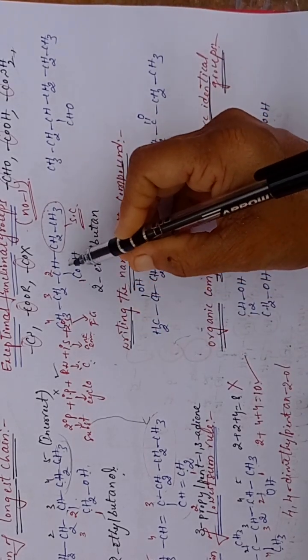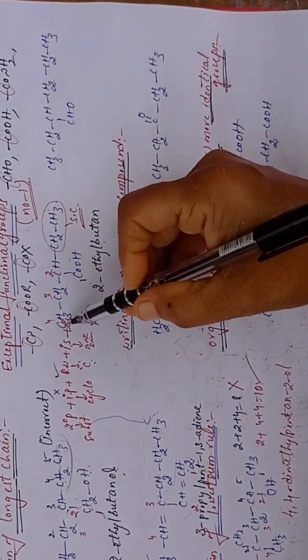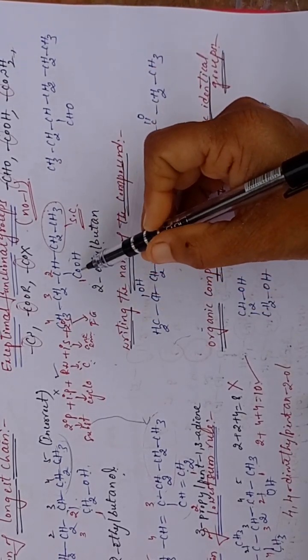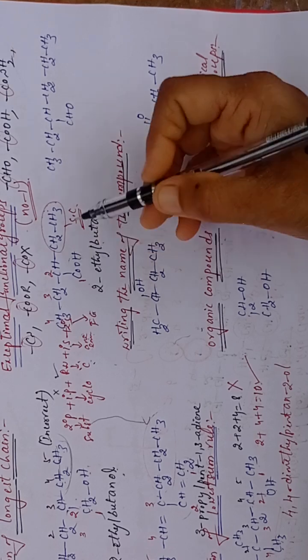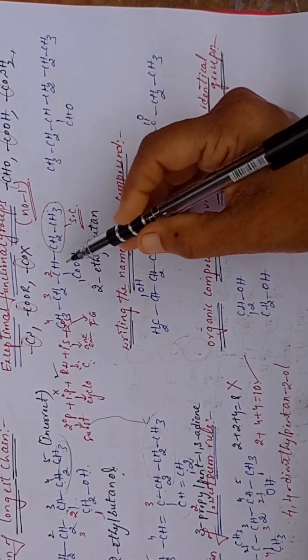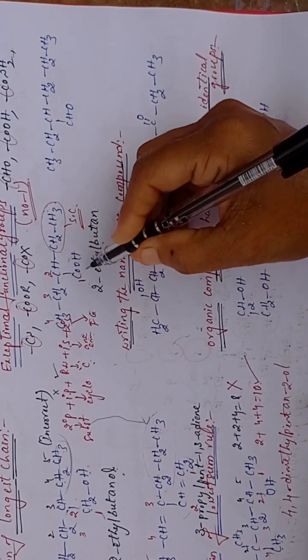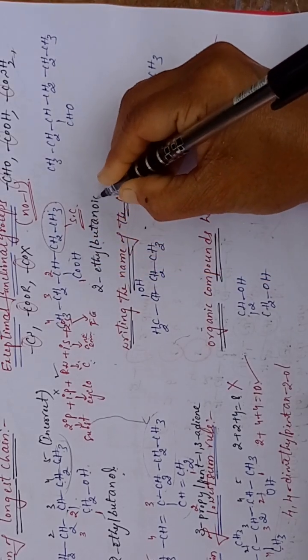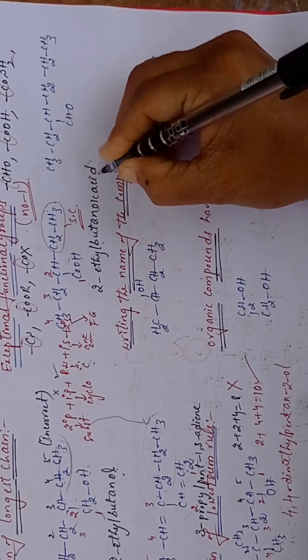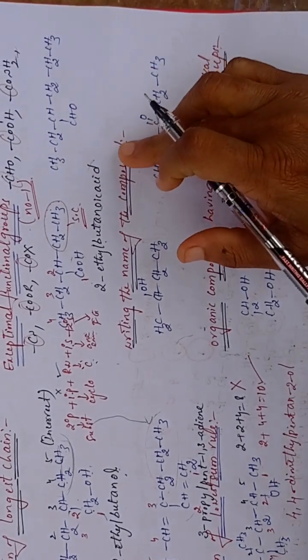This COOH group is the secondary suffix functional group. What is the secondary suffix name? COOH is oic acid. Understanding? 2-ethyl butane. In the place of E, what we have to write? Oic acid. Clear? So this is the compound name.